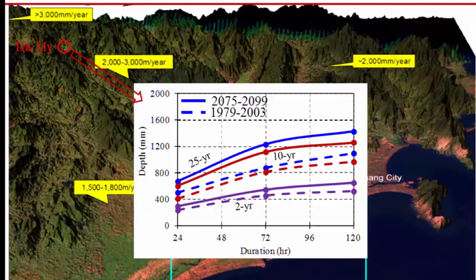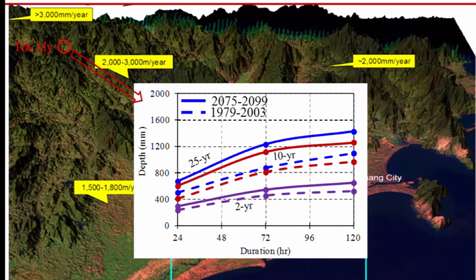So by looking at the projection of the model for the future climate, here is the rainfall at a location in an elevated area. We can see the solid line is the rainfall intensities over a certain period of time as compared to that in the present day climate, the dotted lines here.